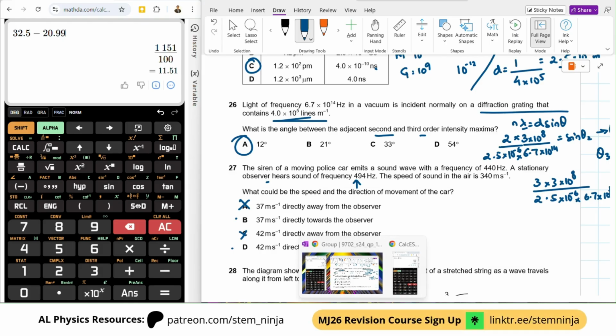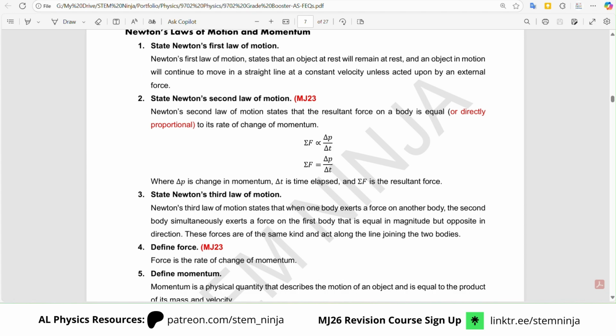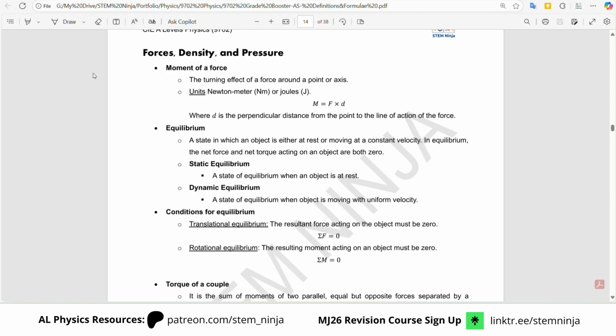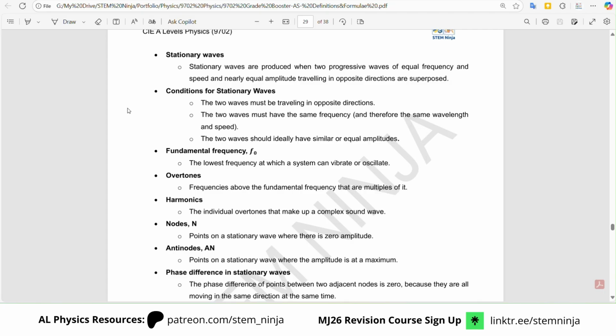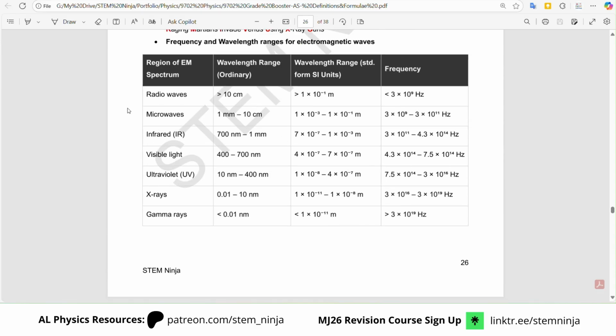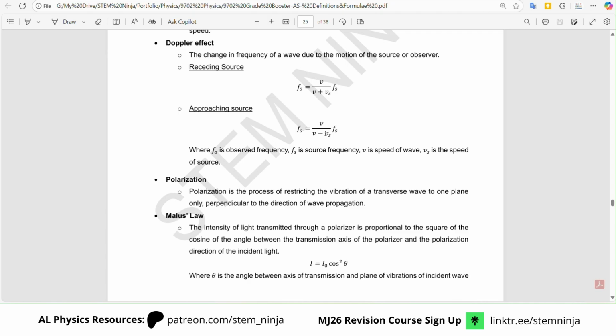So we need to see this. For this, we can actually go through the Doppler effect formula. Actually, that's very easy to remember, but you can see how we can use this. So Doppler effect: approaching source, V over V minus Vs, where F naught is the observed frequency, Fs is the source frequency, V is the speed of the wave, and Vs is the speed of the source.